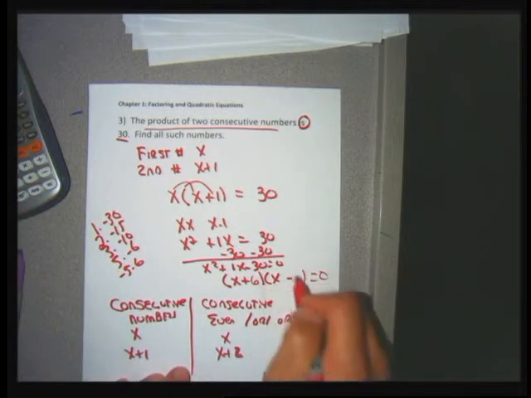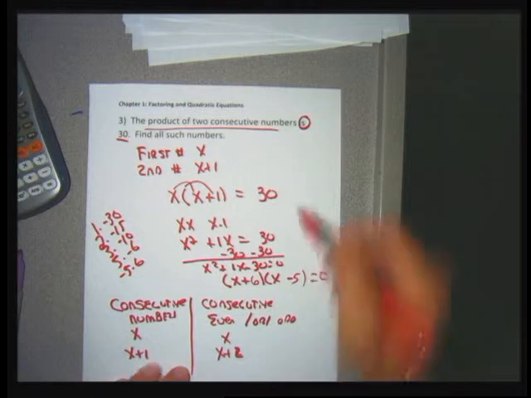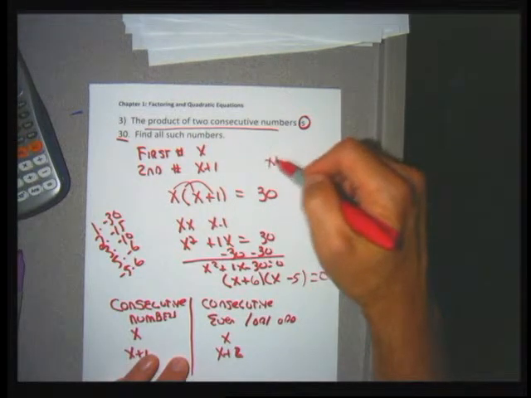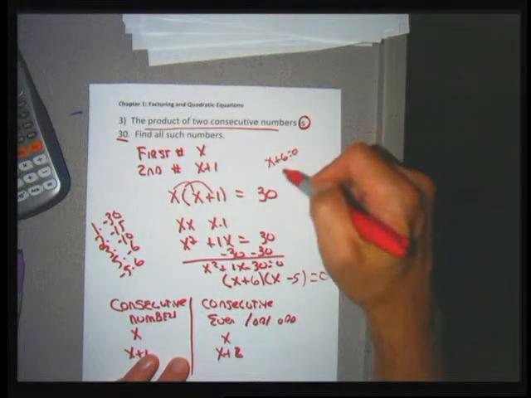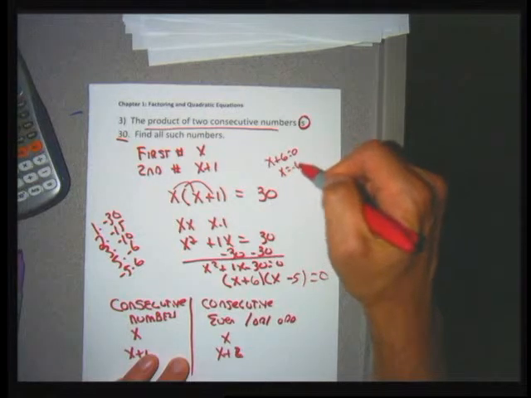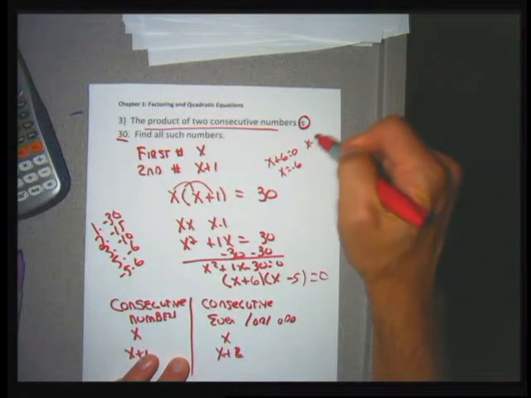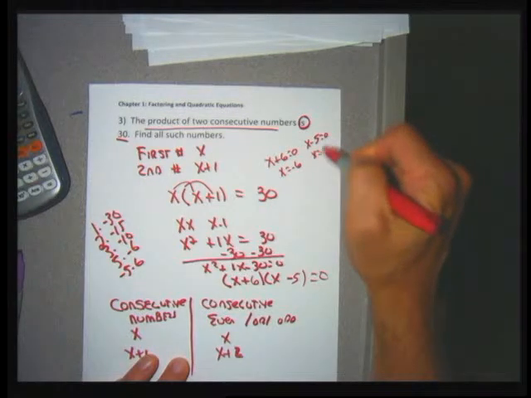So I need a plus 6 and a minus 5. And now I'll go x plus 6 equal to 0, and get x equal to negative 6, x minus 5 equal to 0, x equal to 5.